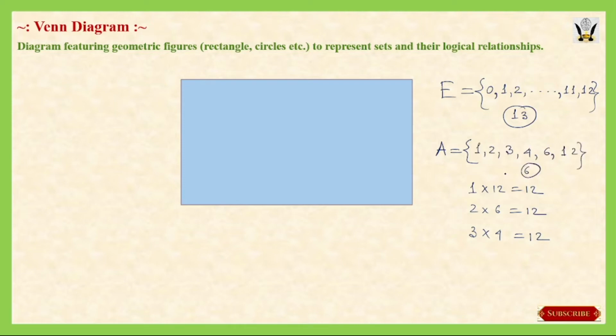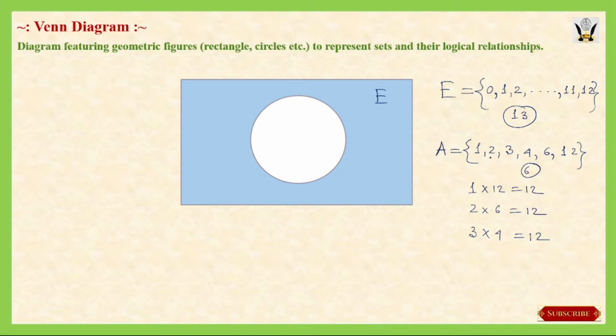In a Venn diagram, apart from the universal set, all other sets are represented in terms of circles. As we can see here, a circle which is shaded in white. So this rectangle represents our universal set which has 13 elements, and this circle represents our set A which has 6 elements. Now sometimes we represent the elements inside that circle by dots.